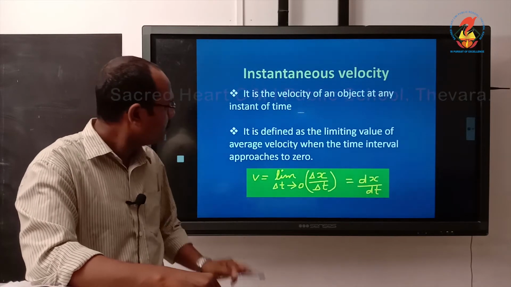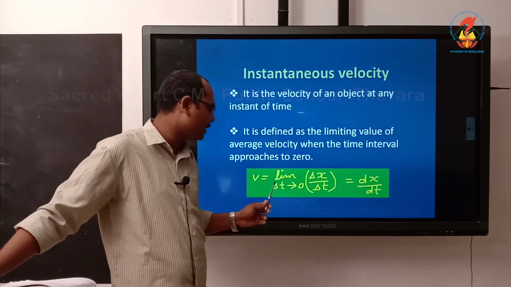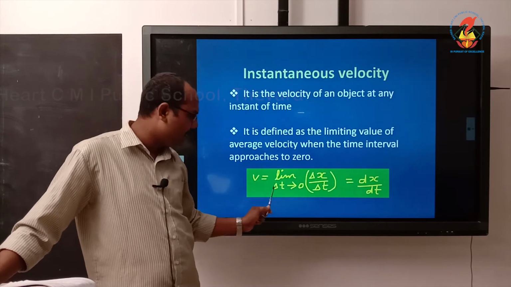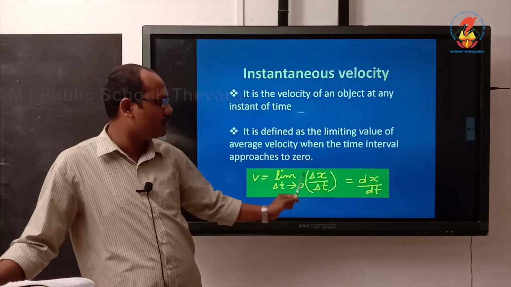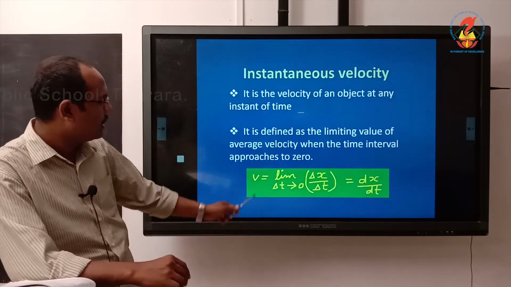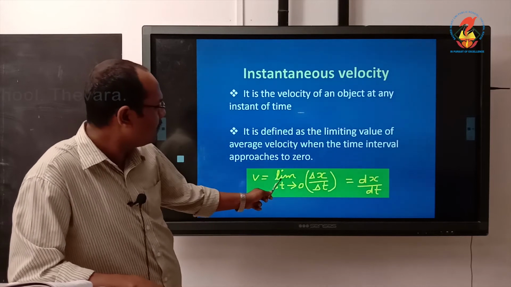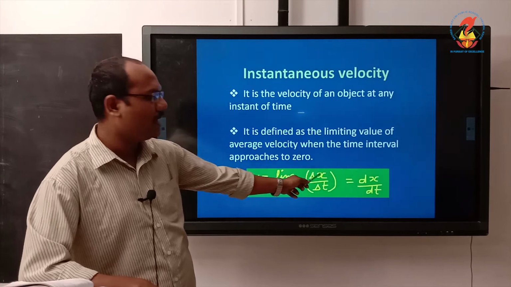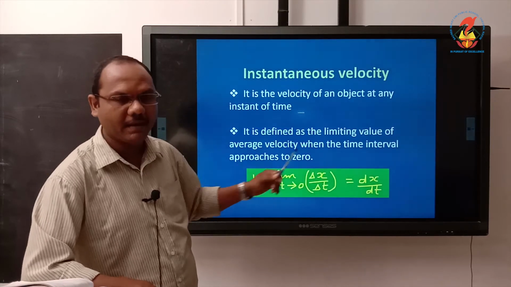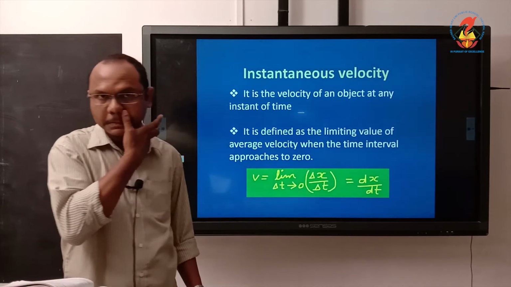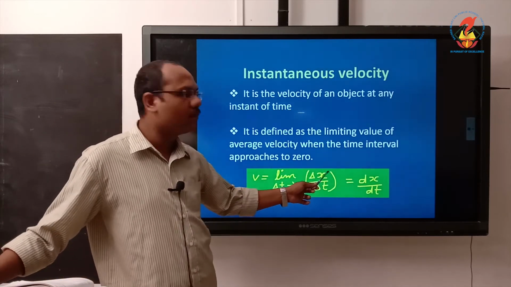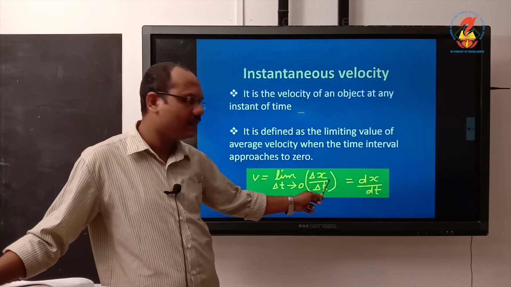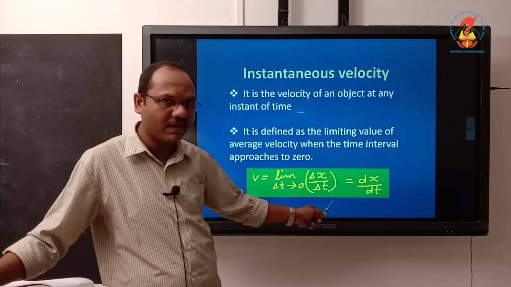That is what is called instantaneous velocity. So here what I have written, V is equal to limit delta t tends to 0. You have to read it like that. V equals limit delta t tends to 0 of delta x divided by delta t, which means, we just saw, x2 minus x1 by t2 minus t1.